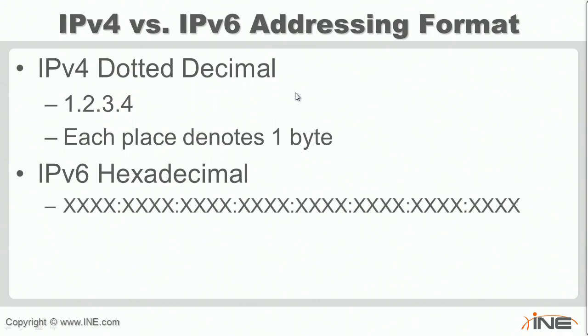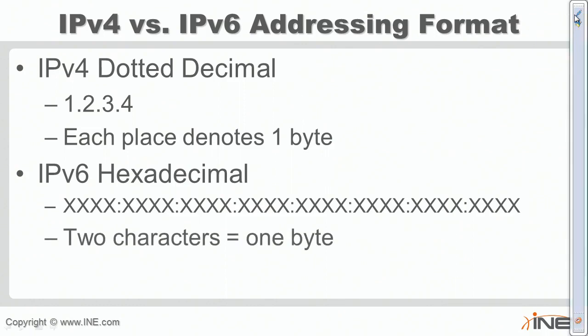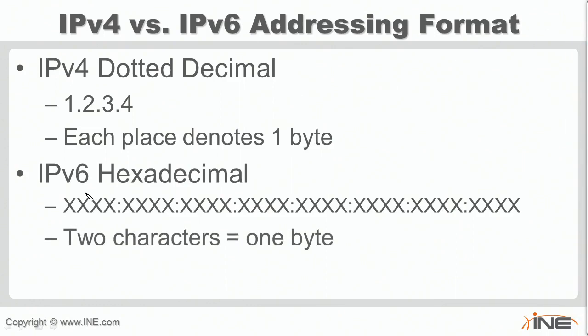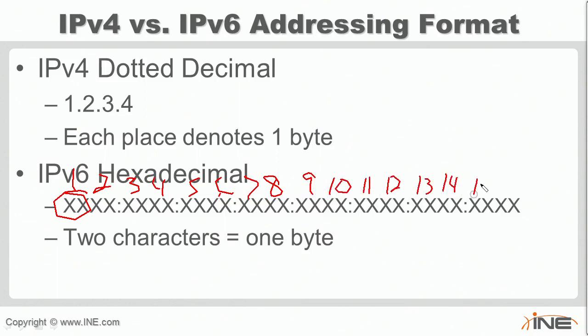So it uses hexadecimal formatting, where 2 of these characters make up 1 byte. It means that we have 1, 2, 3, 4, 5, 6, 7, 8, 9, 10, 11, 12, 13, 14, 15, 16 bytes.